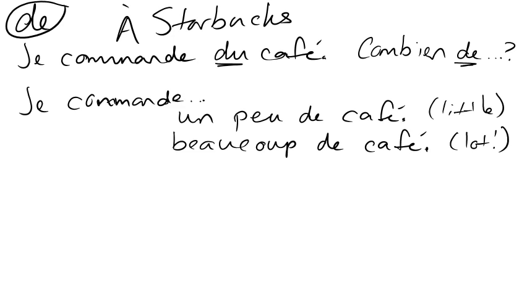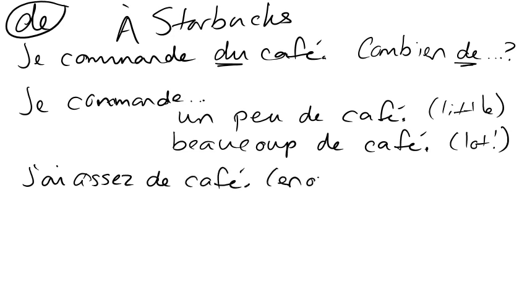Let's use it with some phrases that make a lot more sense. So I could have assez de café, which is enough coffee, which is easy for me to achieve.